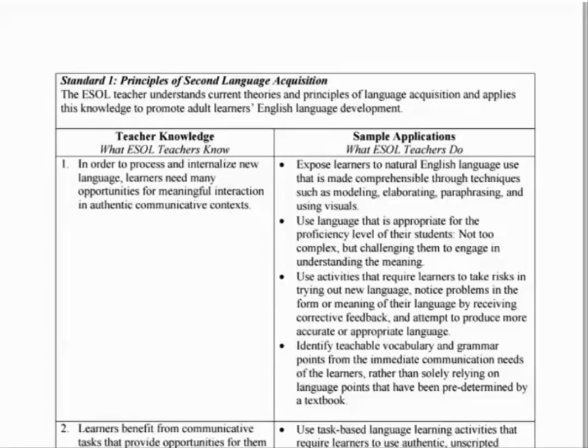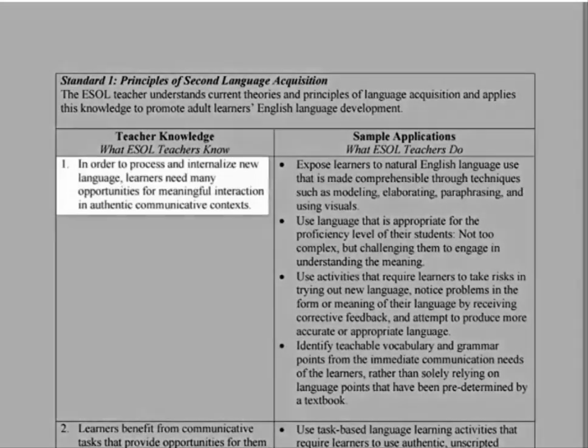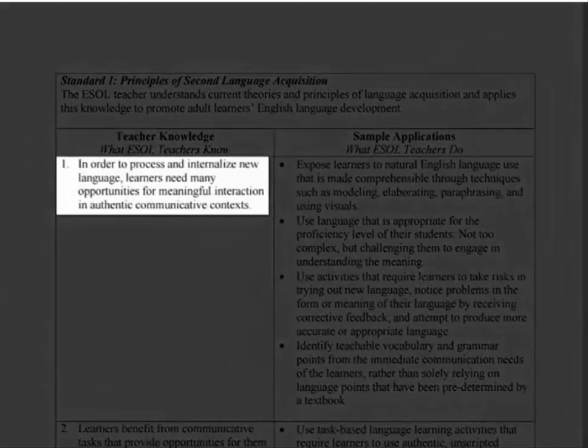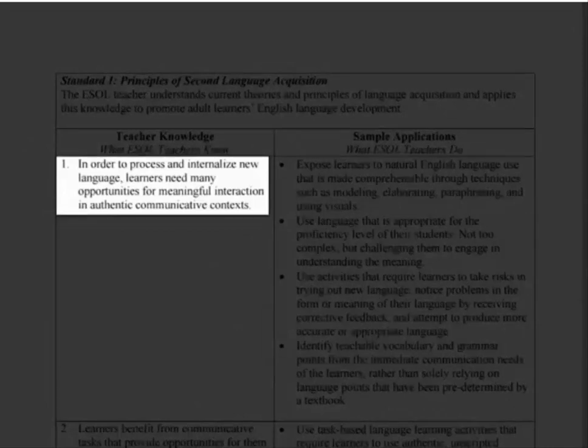The indicators of teacher knowledge are worded in a clear manner that can be explicitly addressed through professional development and personal reflection. For example, under Principles of Second Language Acquisition, a teacher should know that in order to process and internalize a new language, learners need many opportunities for meaningful interaction in authentic communicative contexts.